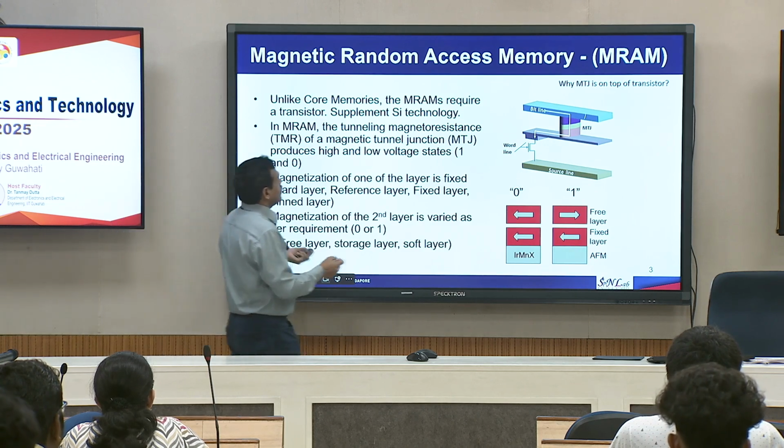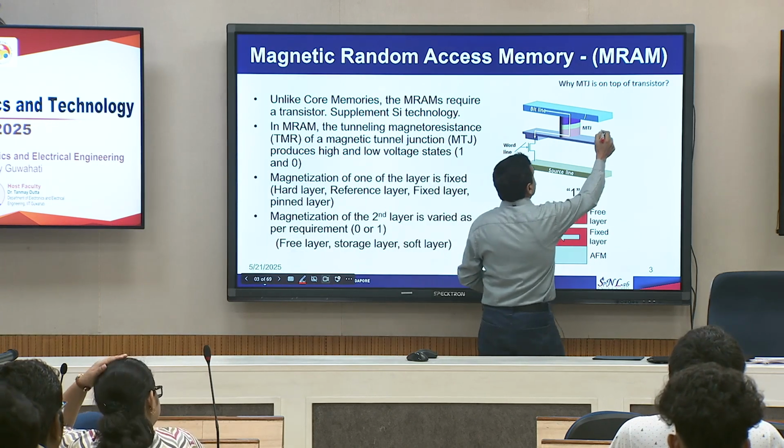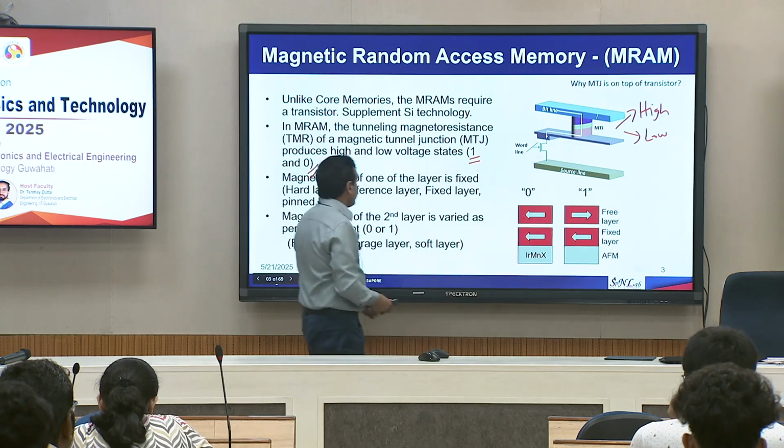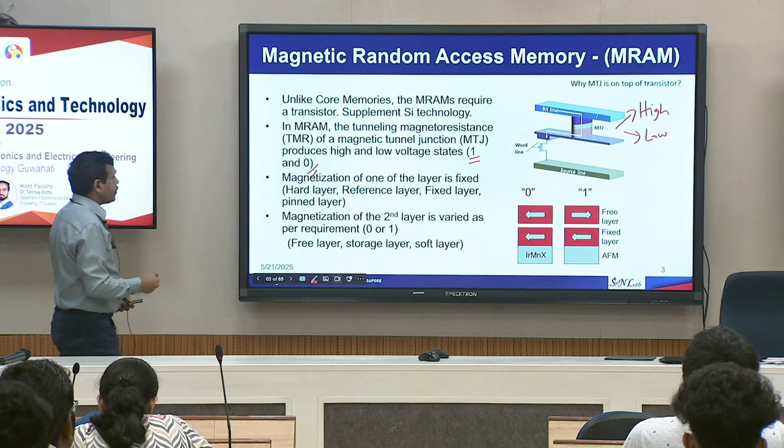Here this MTJ can have high resistance or low resistance depending on the parallel or anti-parallel nature of magnetization in the two layers. They represent states 1 and 0. We are storing digital information, so bits 0 and 1 are represented by having parallel or anti-parallel magnetization.